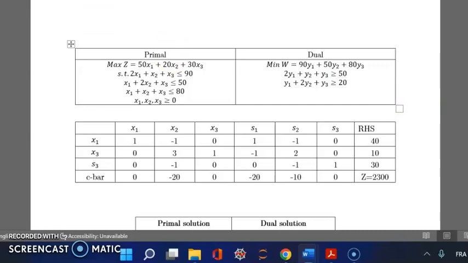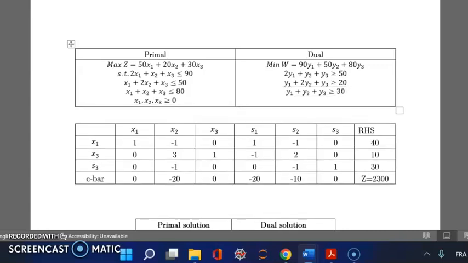Third constraint, we have y1 plus y2 plus y3 greater than or equal to 30.